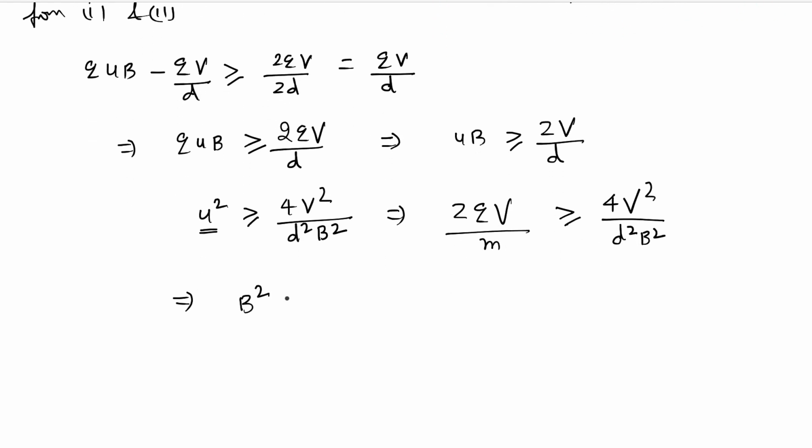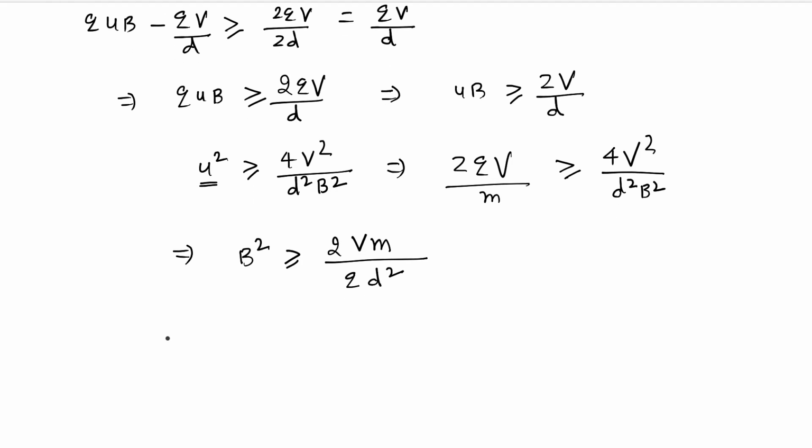B square is greater than or equal to 2Vm by q d square, or B is greater than or equal to the square root of 2Vm by q d square.